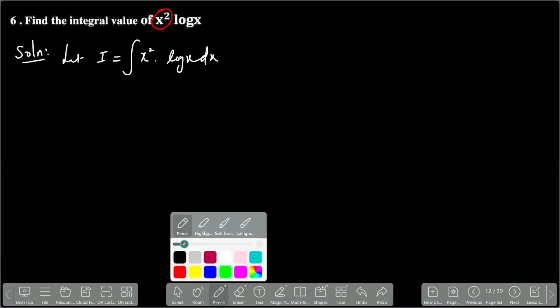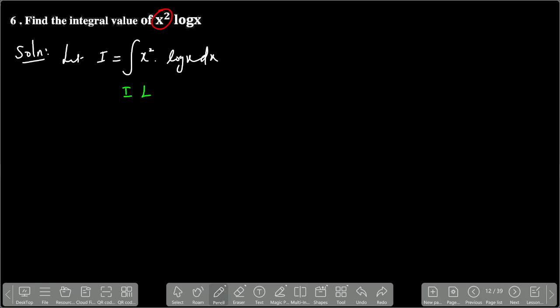Now use the word I let. Compare all the functions. There is no inverse. There exists log. This is the first function or u, and the remaining algebraic function is the second function. There is no logarithmic, trigonometric, or exponential.